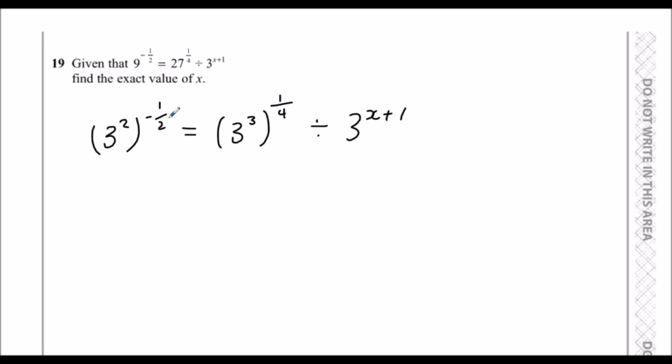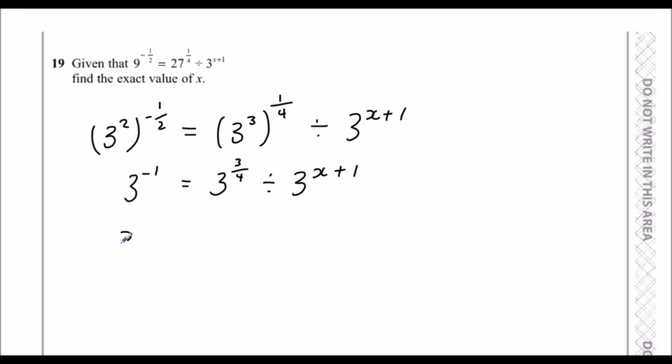So 2 times minus a half is negative 1. So 3 to the power of negative 1. 3 times a quarter is, well, 3 quarters. So 3 to the power of negative 1 equals 3 to the power of 3 quarters divided by 3 to the power of x plus 1.